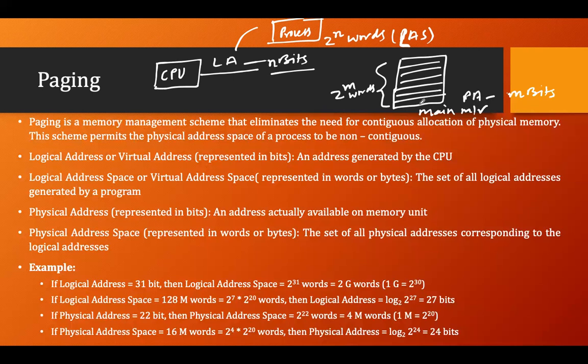The physical address is the bits for representing the address in the main memory, and the physical address space is nothing but what is there in the main memory. Logical address space is nothing but what is there in the process.